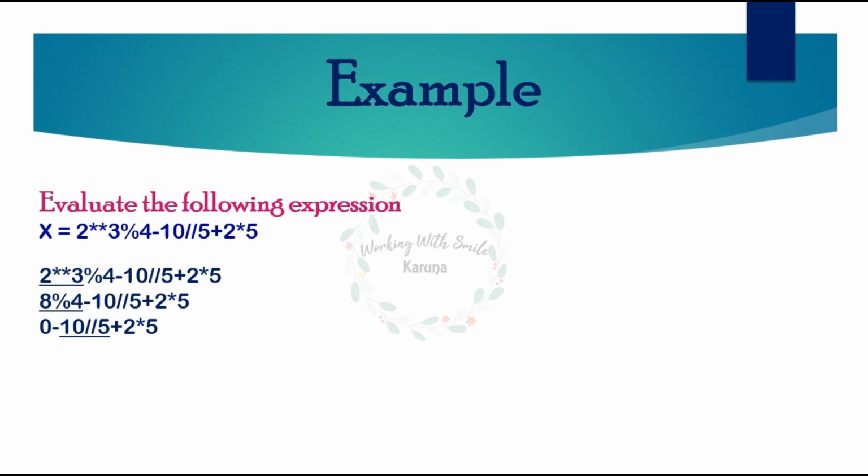So the order also matters in which they appear in the given expression. So 10 divided by 5 gets calculated, giving the value 2. Then comes the turn for the multiplication operator, and finally the addition is performed, where the final answer you can see is 8.